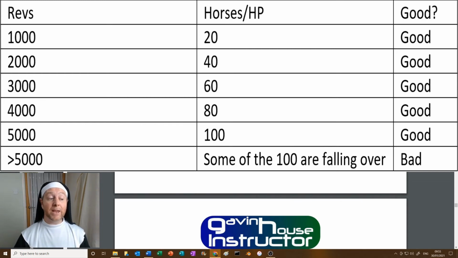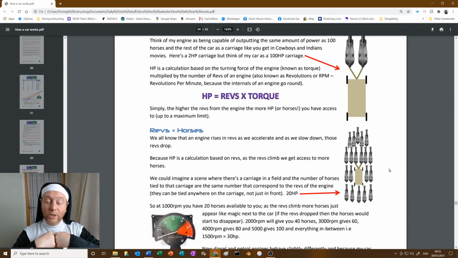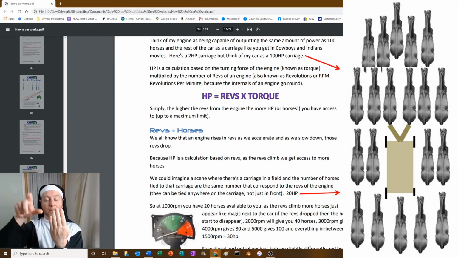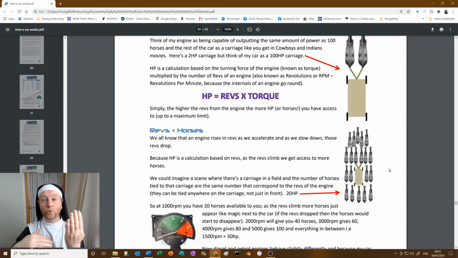So as the revs increase in speed, we get more horses, and the horses that you gain appear around the car. So you've got your car, there you go, there's a car, and if I have a few horses, they're around the car, and they're tied to the car.